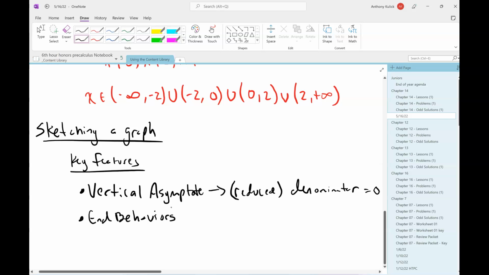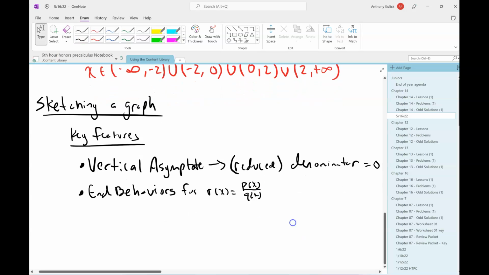Next thing we need are the end behaviors. There's actually 3 cases here. Let's say we're sketching the graph for this.